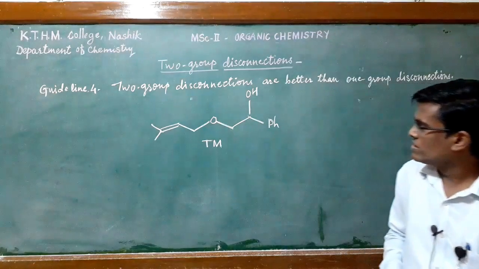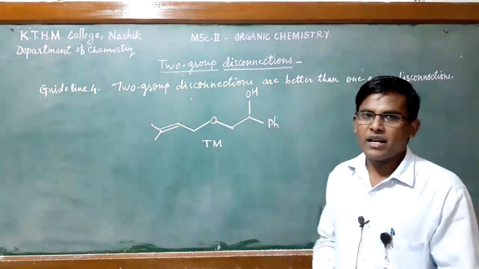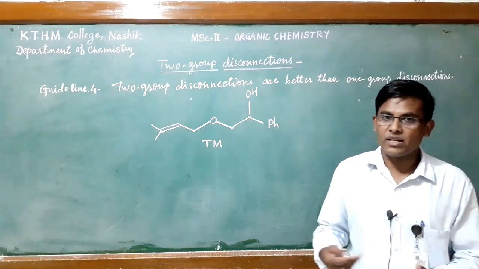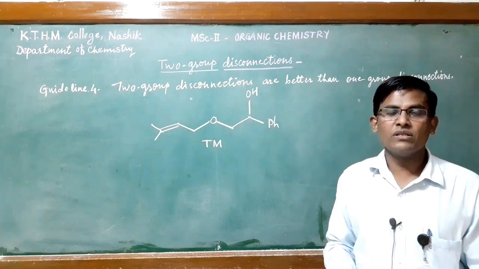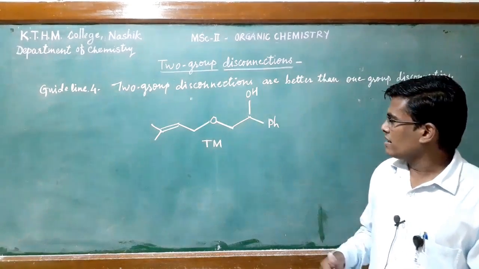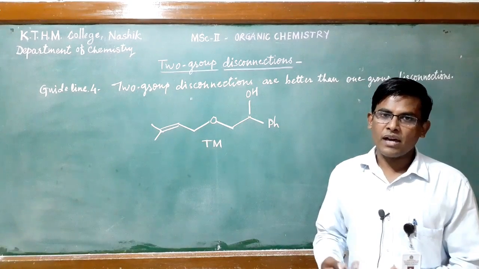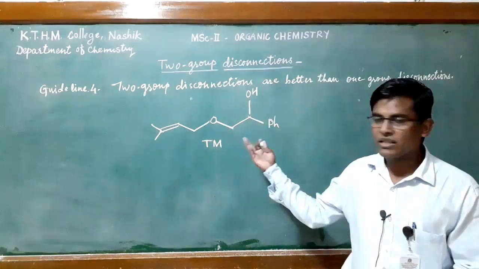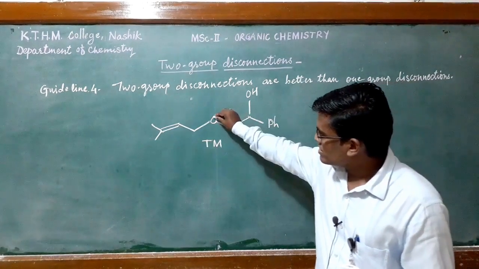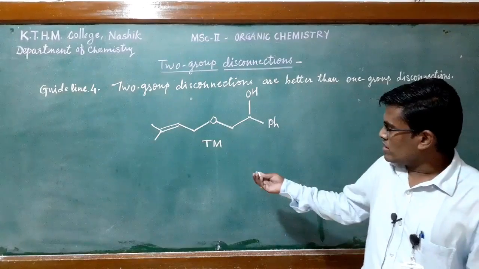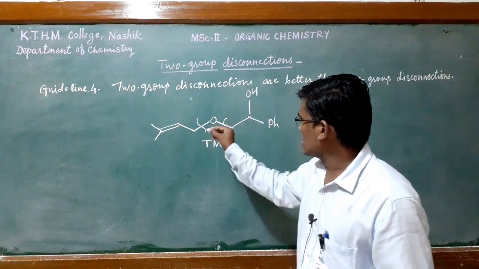As per our guidelines, our disconnection must correspond to known reliable reactions, and another guideline suggests that if our target molecule has a heteroatom, the disconnection should be next to the heteroatom. In this case we have this oxygen, so we could have either this side or this side disconnection.